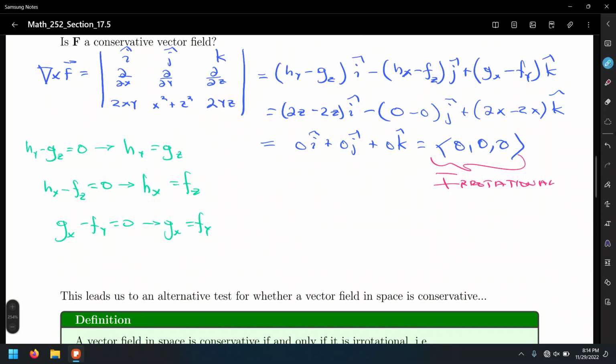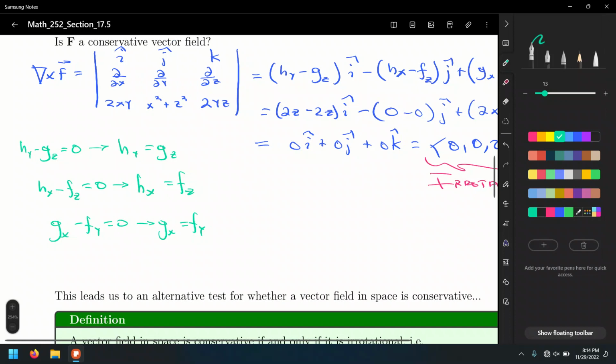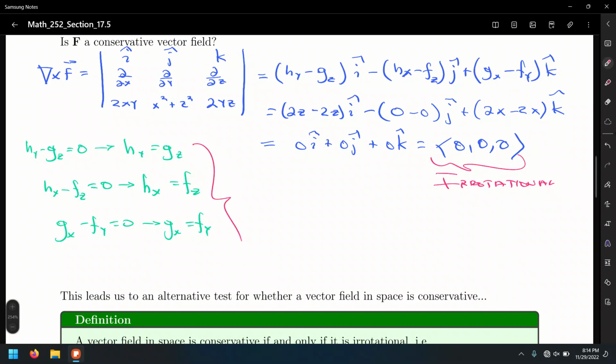So did you see the connection? It's pretty cool, right? All right, so these are the conditions for a conservative vector field.